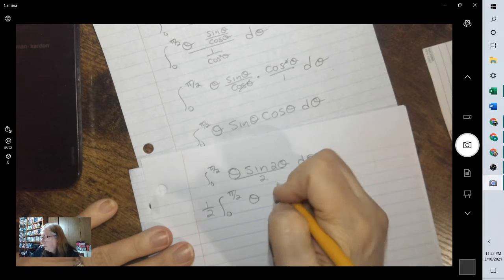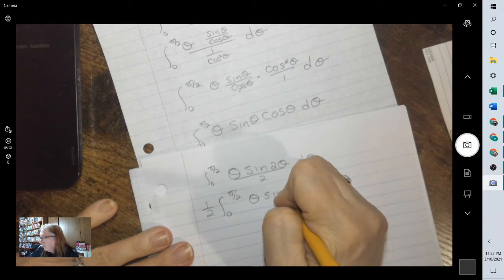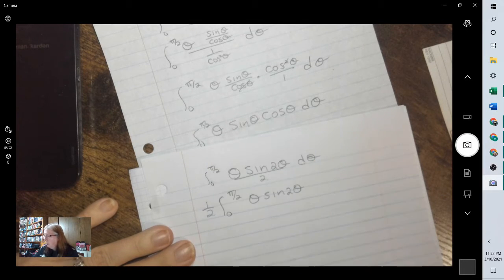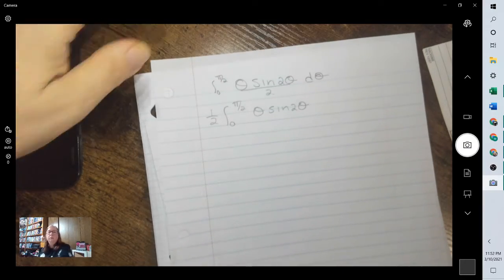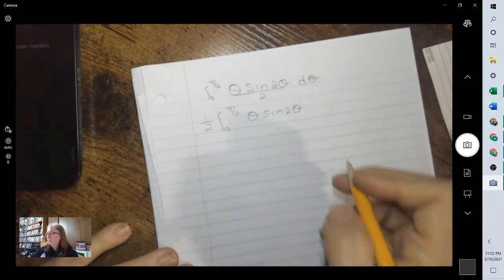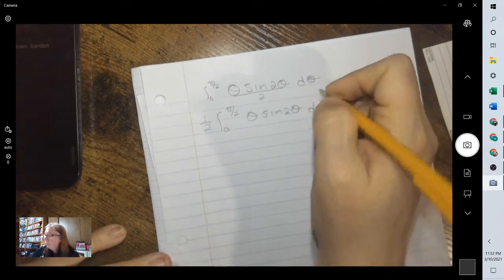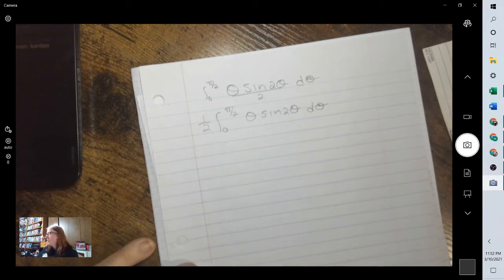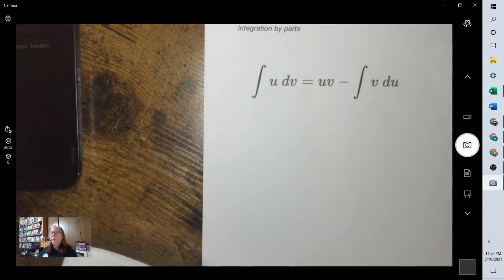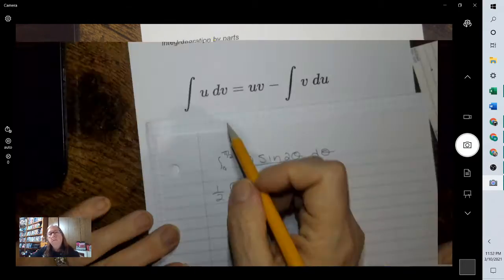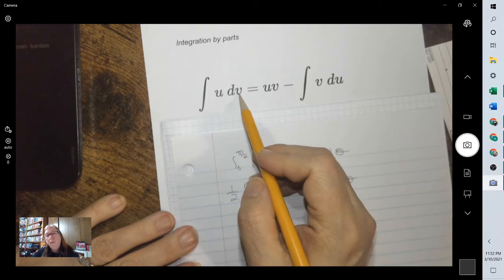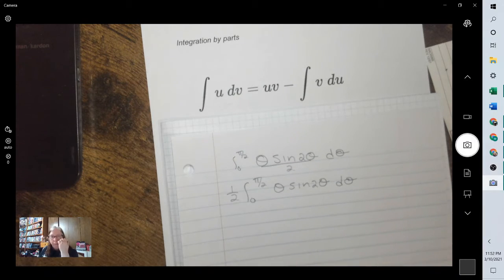And then we can use integration by parts. If you remember the formula for integration by parts, it looks like this. So you have to decide your u and your dv. You want the u to be something that breaks down easily.